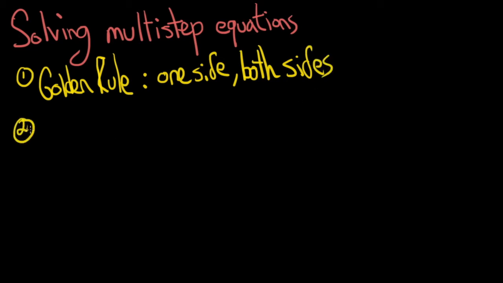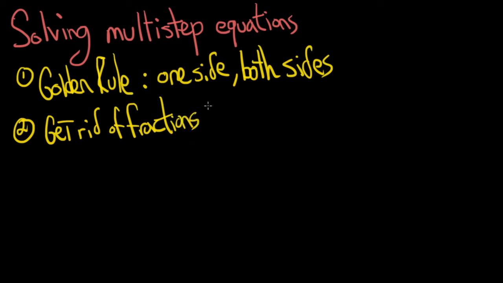The second thing to keep in mind, and these are just some general rules, is you typically want to get rid of fractions, because typically fractions cause issues. And how do you do that? You just multiply things by LCMs, and they magically disappear. It's not magic. And the other thing is you want open brackets.